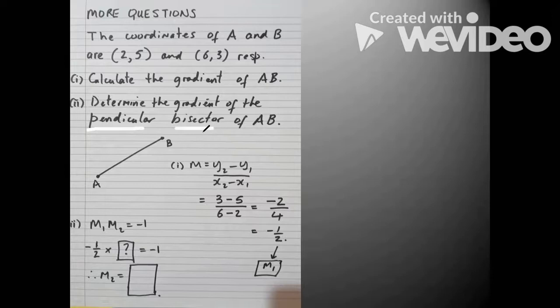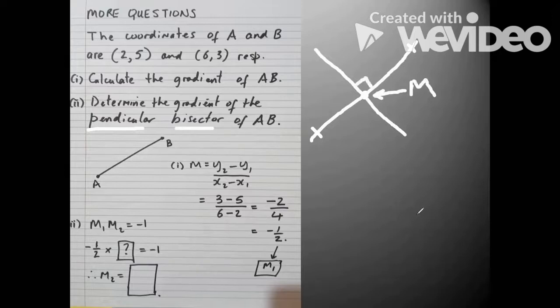Bisector means to cut something in half. So technically, if you have a straight line, a perpendicular bisector would mean a line that cuts directly through the midpoint. So this would have to be the midpoint, and this will cut at 90.